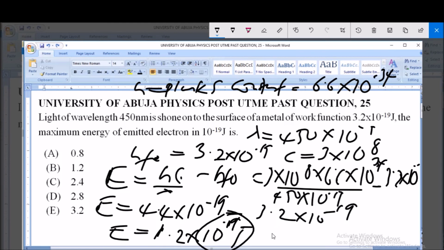So our answer is 1.2 times 10 raised to the power of minus 19 joule. So in 10 raised to the power of minus 19 joule, our answer will be 1.2, and that's option B. So the correct answer to this question is B, 1.2.